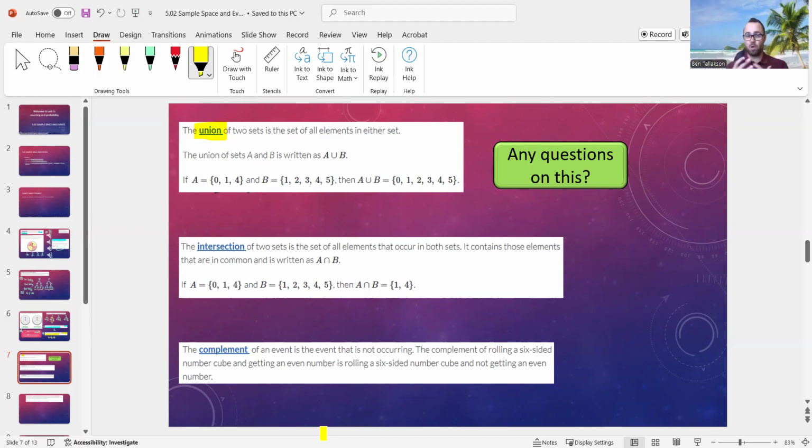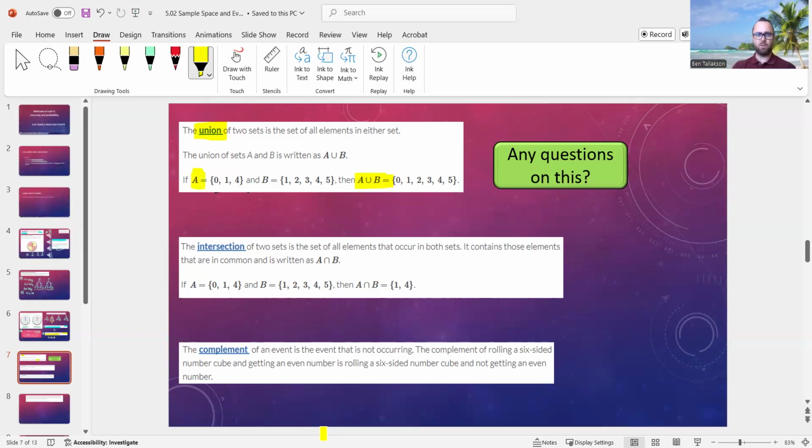This is a very welcoming set, unions. It's saying, come one, come all. If you're in either situation, we want you to join us. And that is indicated by this big U. Remember, U's with domain and range, same idea here.